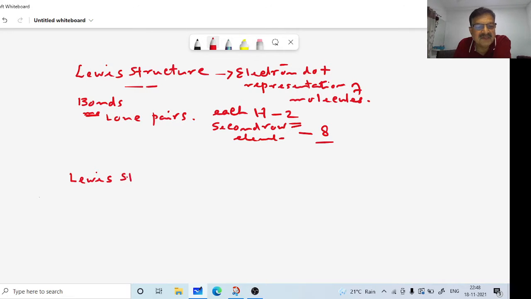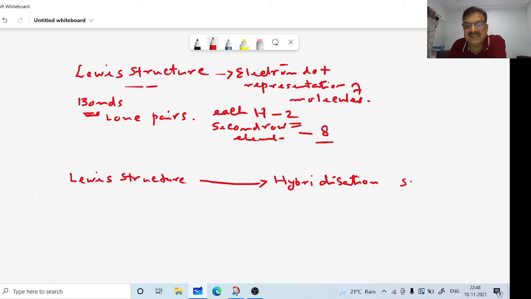What is hybridization? Hybridization, whether it is sp, sp2 or sp3, etc. To understand this property, we should have an idea of Lewis structures.